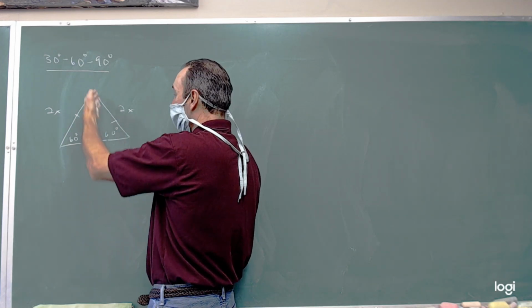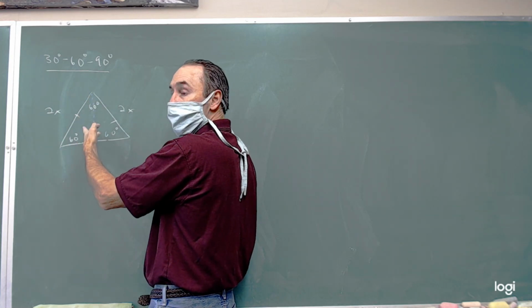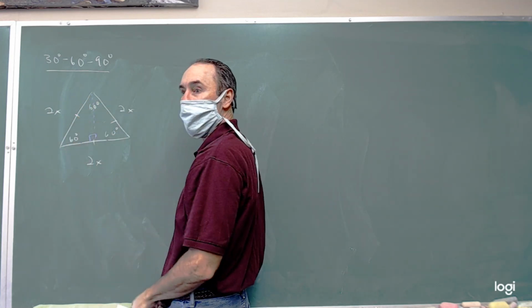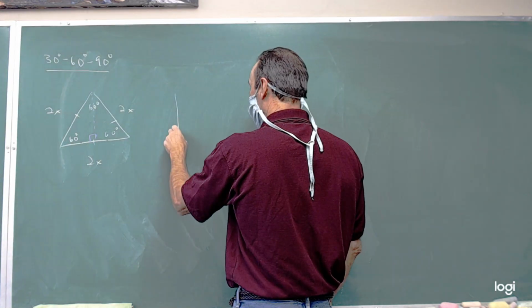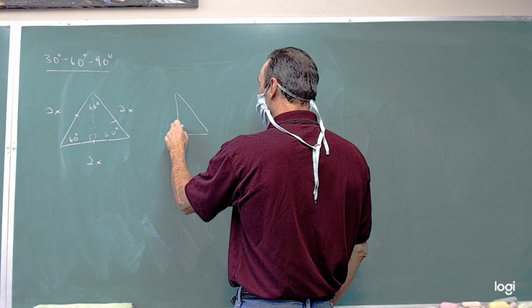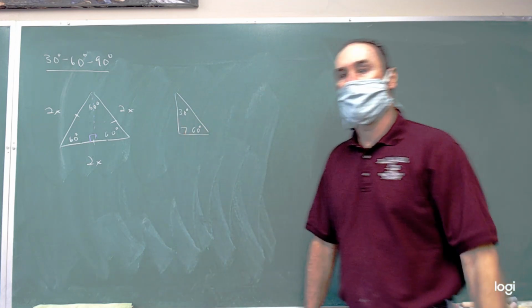And so we have created a 30, 60, 90. In fact, we've created two congruent 30, 60, 90 triangles. Does that make sense? So I'm going to pull one of those out. I'm going to pick the one on the right. Doesn't really matter. So here is our 30, 60, 90.